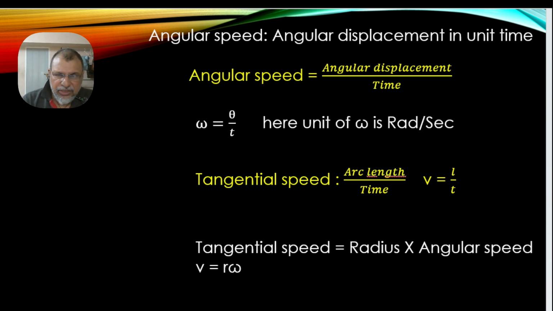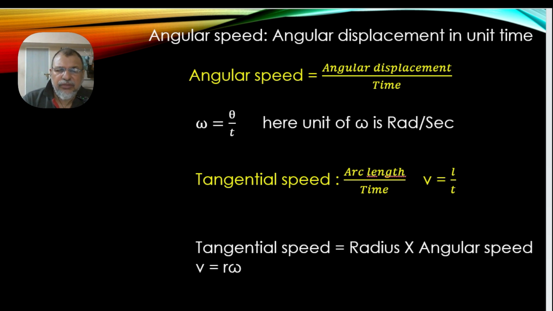Then we have tangential speed. In case of uniform circular motion, tangential speed is equal to arc length upon time. In non-uniform circular motion, you have to change it because you need to ensure that the arc length is infinitesimally small. So you should write v is equal to dl by dt.